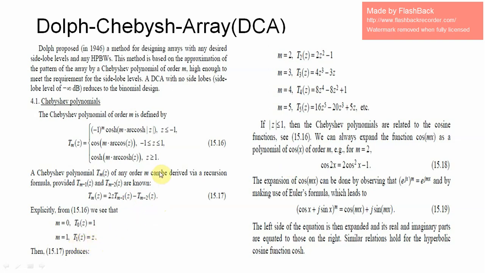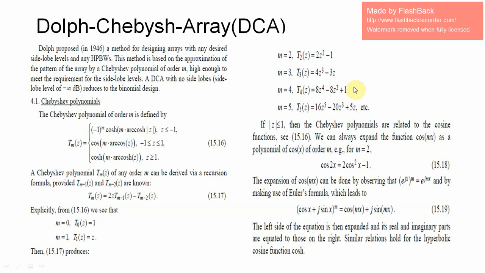So the equation is 2z into 2z square minus 1, minus z. Multiplying the 2z inside the bracket, we get 4z cube minus 2z minus z, which is equal to 4z cube minus 3z.